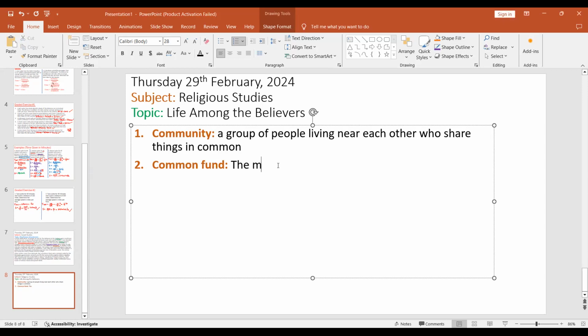So the members of the early church combined all their resources together in this way.